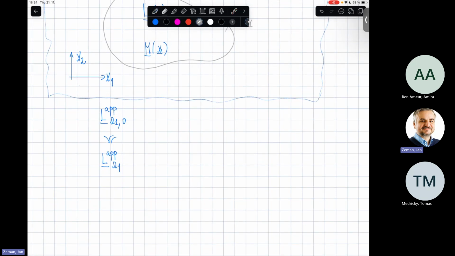Also, because of this duality principle and arguments developed, for instance, by Ivana Pultarova, I know that this is also equivalent to the dual apparent properties on this finite size domain with now perfectly insulated boundary, but I just need to invert it. And I also can write something like that on the top. This is not so important. Okay.